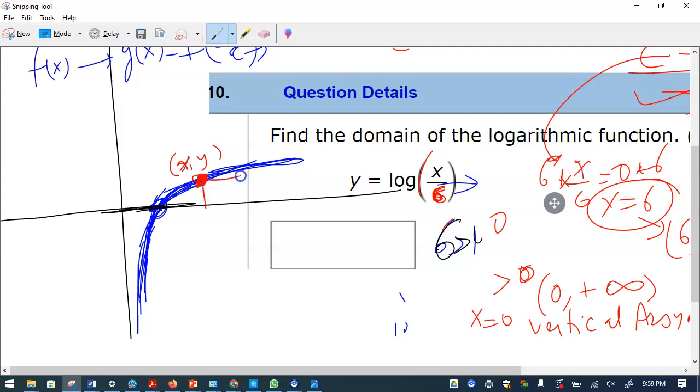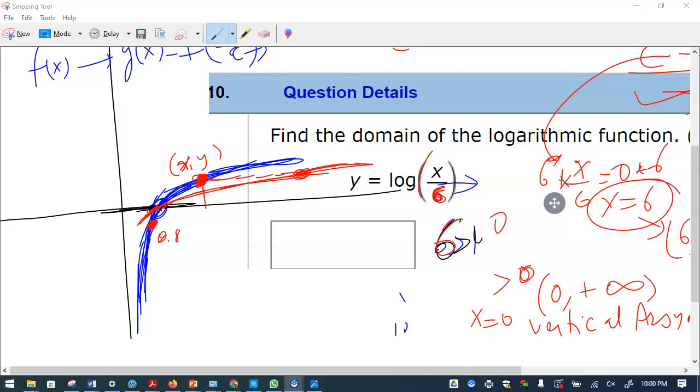Whatever this number is, it gets multiplied by 6. So the graph gets stretched, and on the left side, if x was 0.8 and you multiply by 6, that x gets multiplied too.